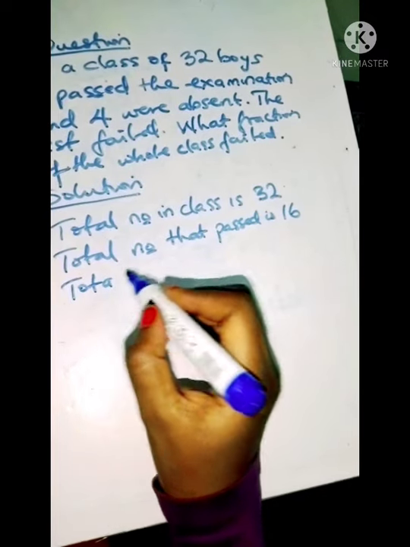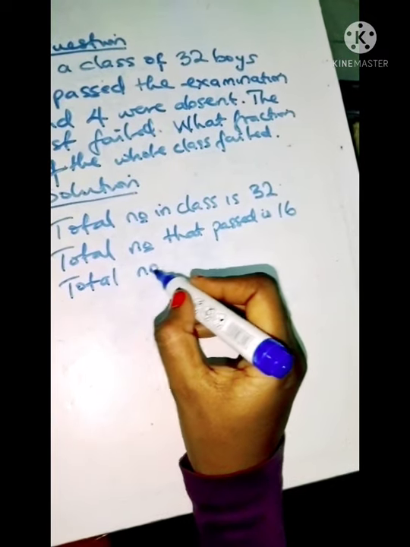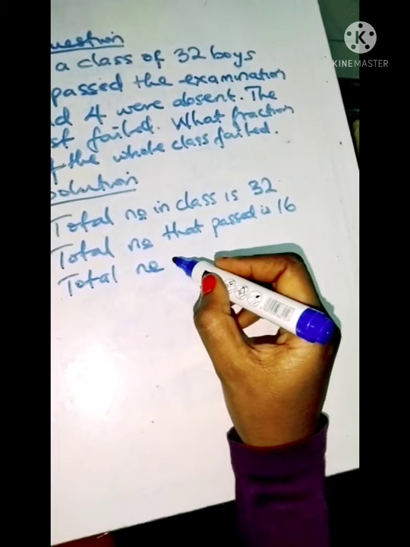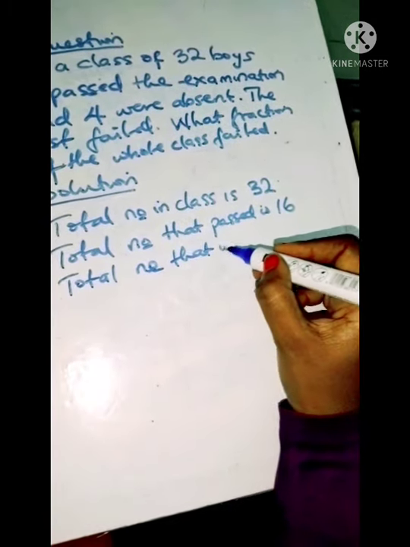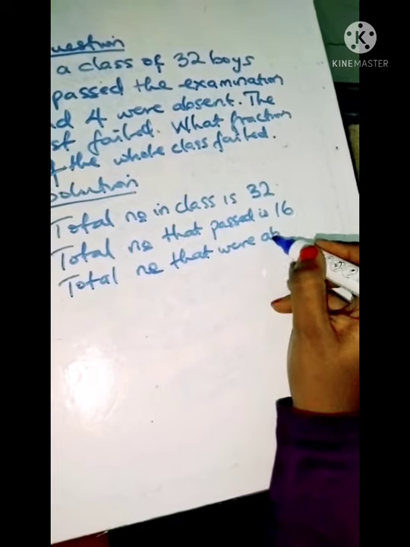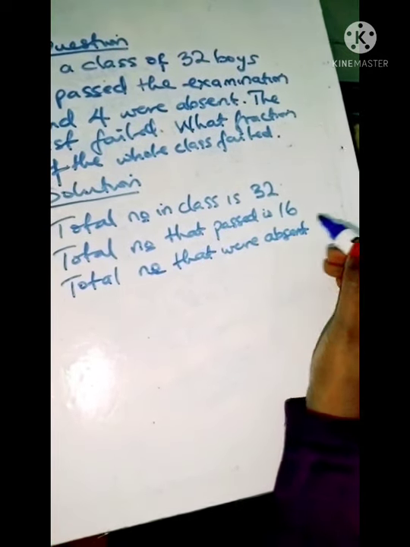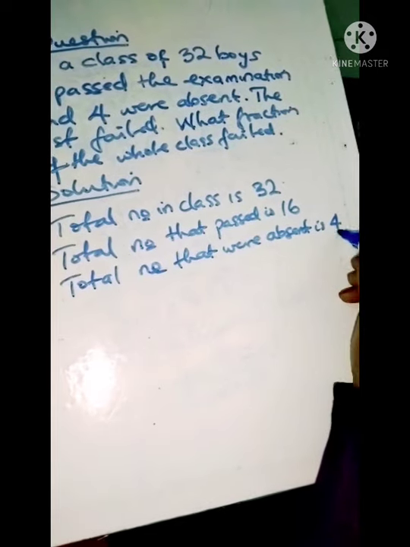Then we'll write the total number that were absent is 4.